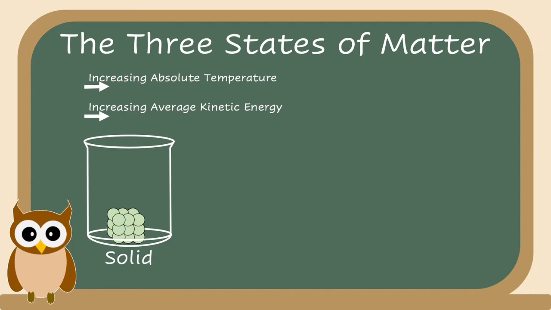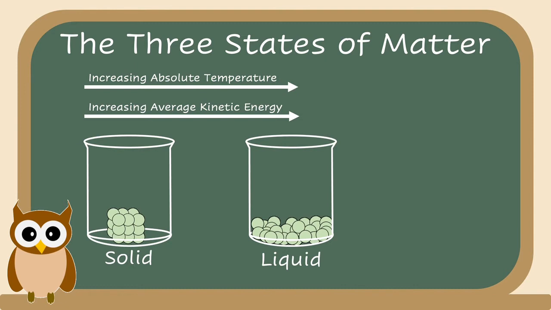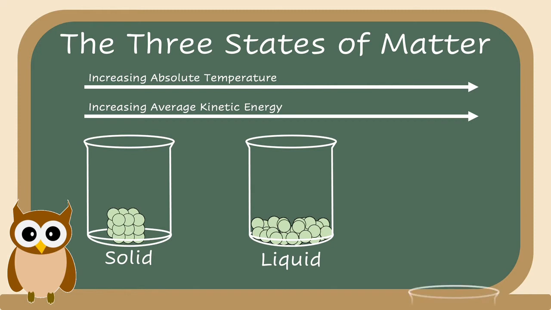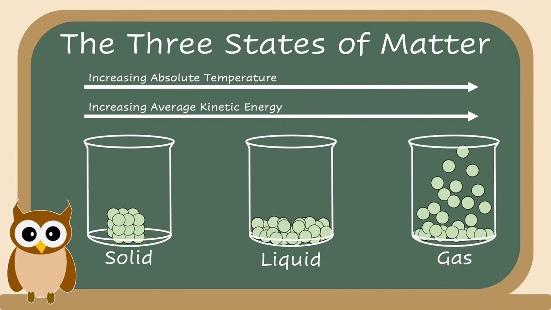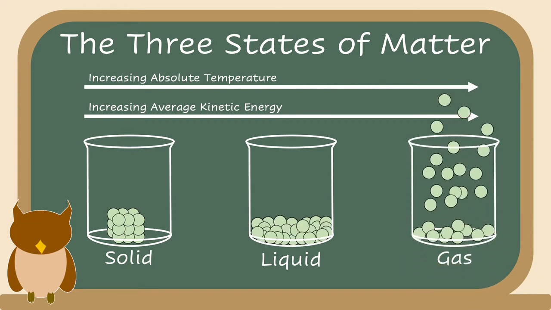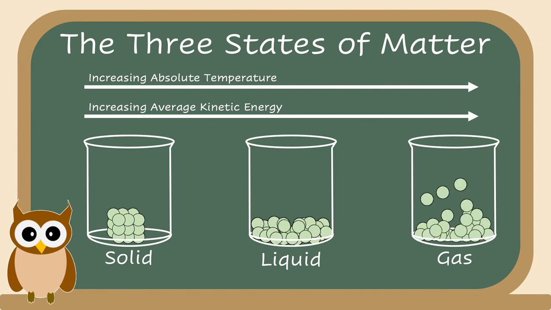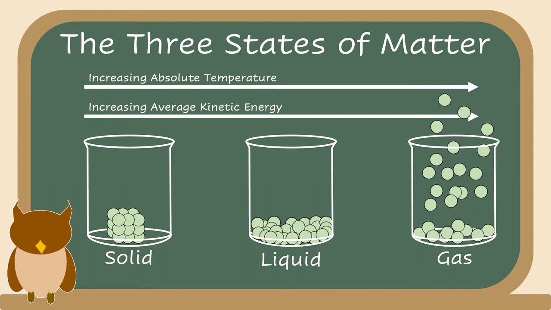The object therefore remains in a solid state. As the temperature increases, the average kinetic energy of the particles also increases, allowing the particles to move around each other more in a liquid state. And finally, when the temperature has increased enough, the particles have gained enough kinetic energy to break free from the bonds that hold them. The object has transformed into a gaseous state.